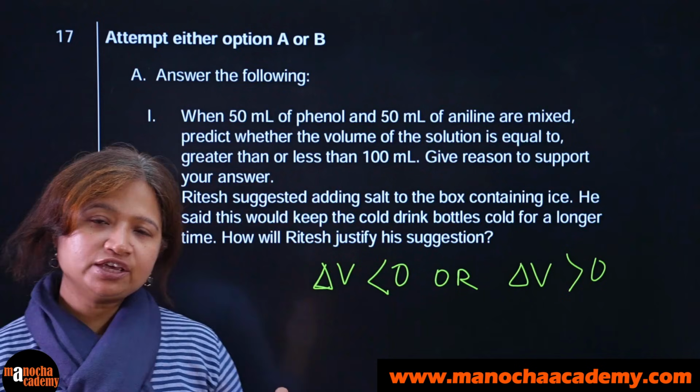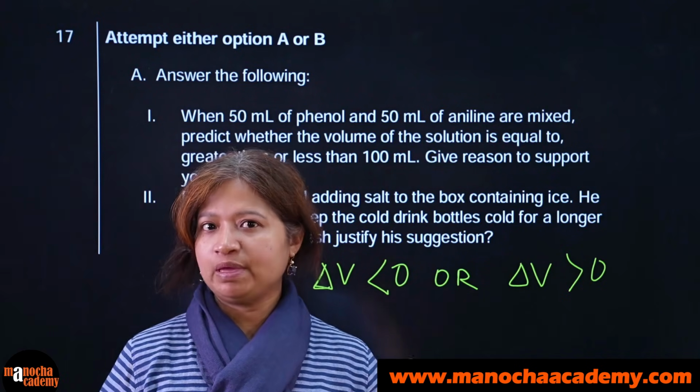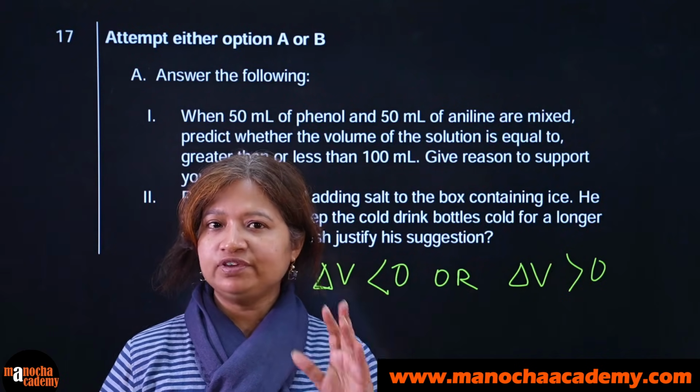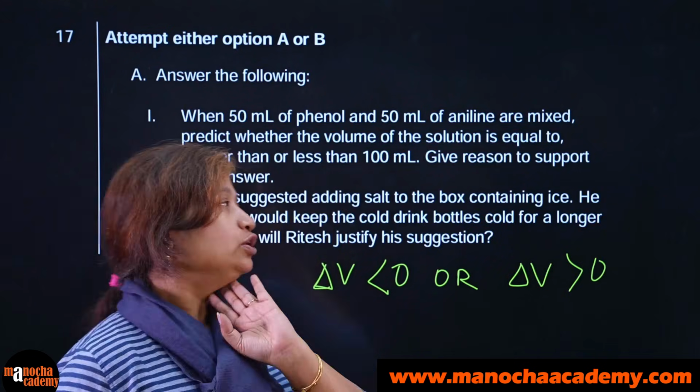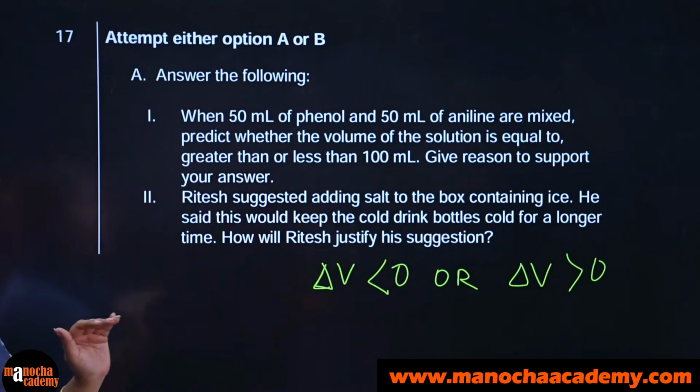For positive deviation, delta V is positive. For negative deviation, delta V is negative. In this case, phenol and aniline is a negative deviation example.